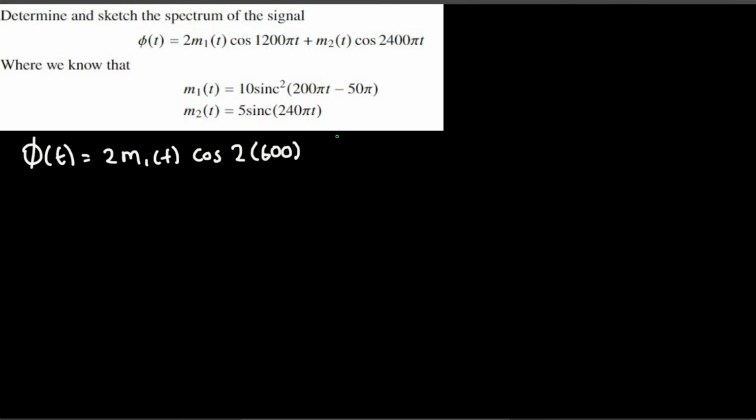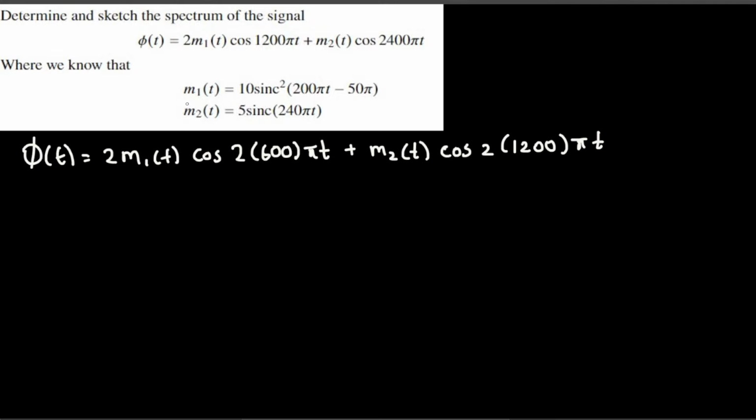And then plus m2 of t, because here if I take 2 common, it's going to be 1200. So whatever picture we derive for m2 is going to be located at the center of 1200. Right. Okay, that's why this equation helps.